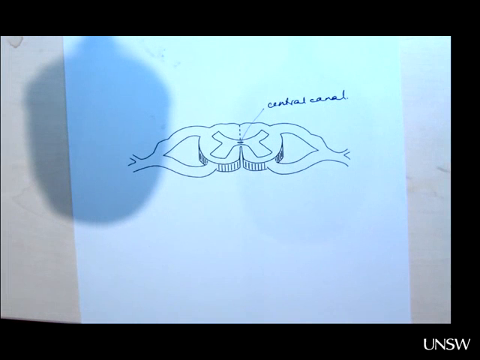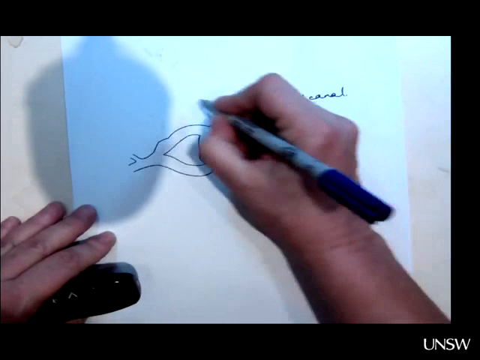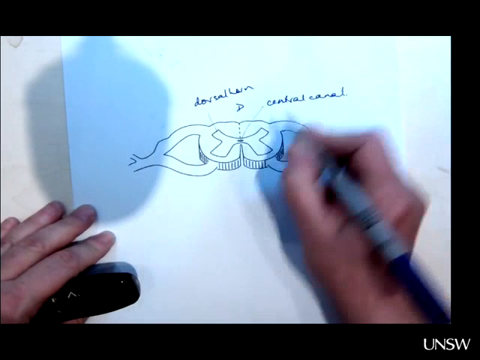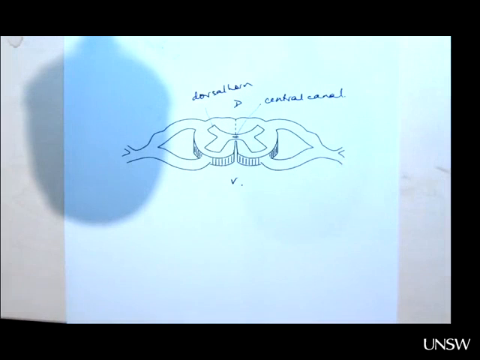So this is the remnant of the hollow centre of that tube. Now, the grey matter is H-shaped and surrounds the central canal, and it's made up of a dorsal horn. This, of course, is the dorsal surface, and that's the ventral surface there.